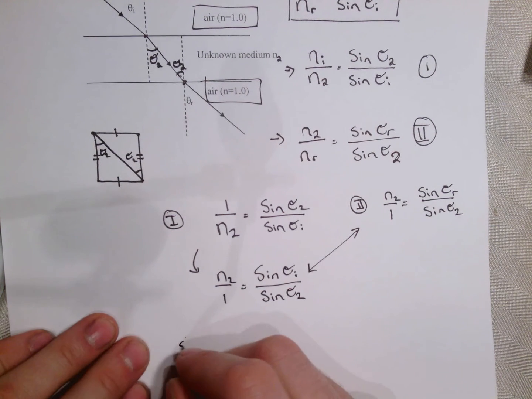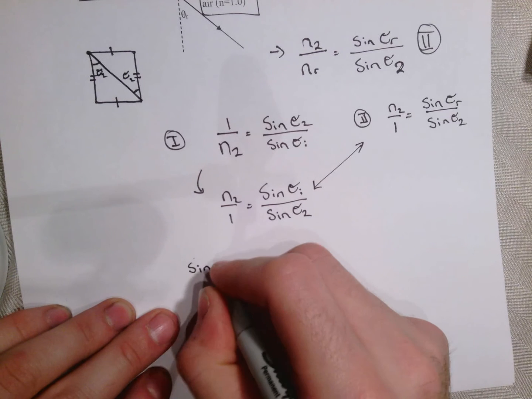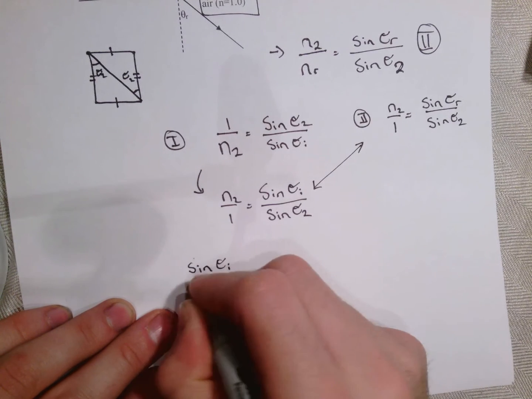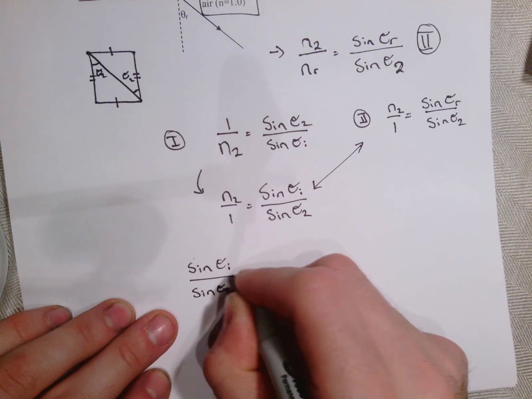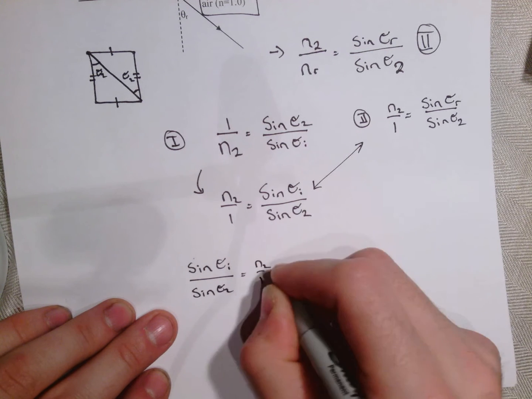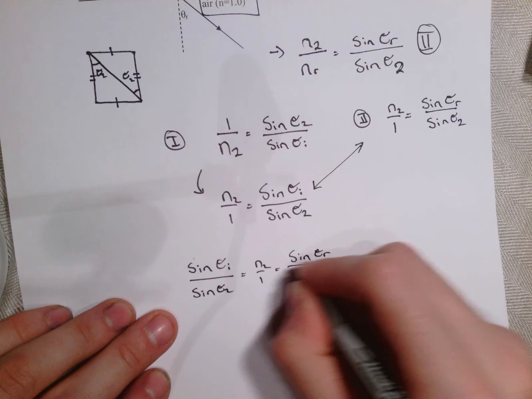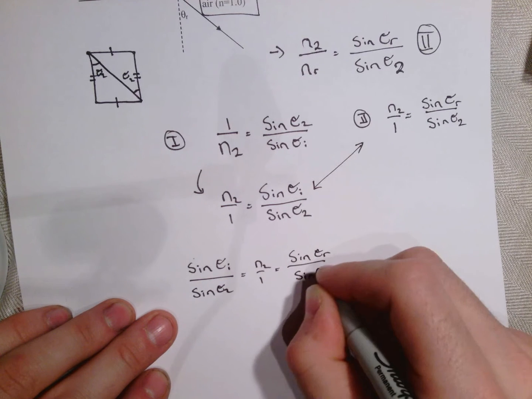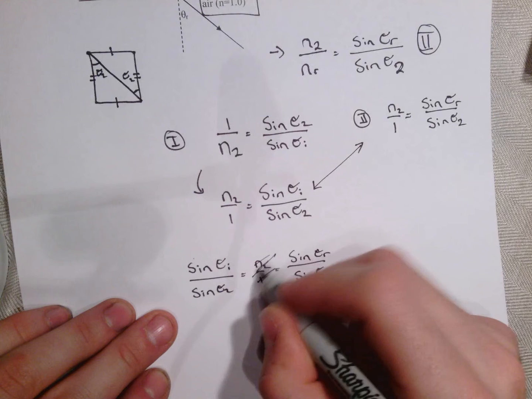So I can say the sine of theta I incident over sine theta 2 is equal to n2 over 1. Hey, that's equal to sine of theta r over sine of theta 2. Well, I can kind of just forget about this middle section here.